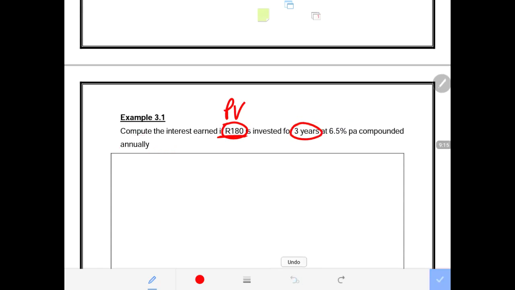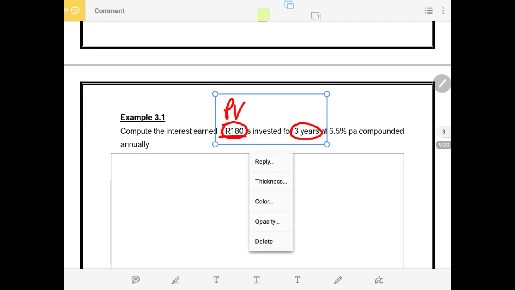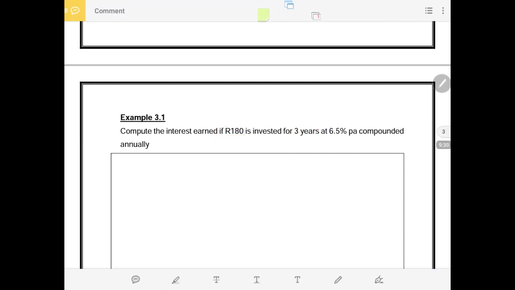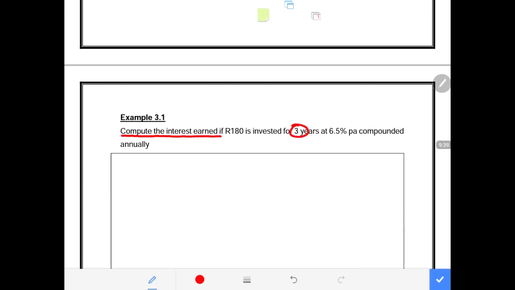Now I will not use the calculator, and I don't want to focus on the present value. I just want to use the manual calculations in terms of how to calculate the interest that was earned over the period of the investment, and at the same time how to calculate the future value. Remember, for us to be able to calculate the interest that was earned over the period of 3 years, we need to know how much was invested.